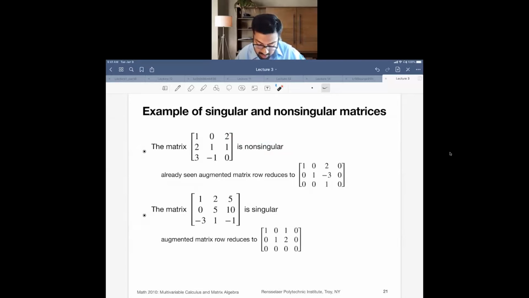However, consider this matrix here. This matrix over here is a square matrix. And if you took this matrix and formed the augmented matrix 1, 2, 5, 0, 0, 5, 10, 0, negative 3, 1, negative 1, 0, and did the row reduction, the row reduction will take you here.